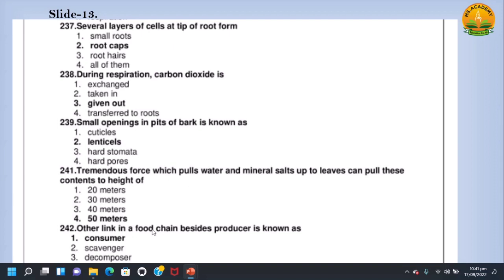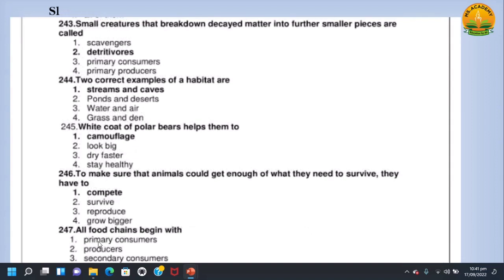Other link in a food chain besides producer is known as, right option is 1, consumers. Small creatures that break down decayed matter into further smaller pieces are called, right option is 2, detritivores.